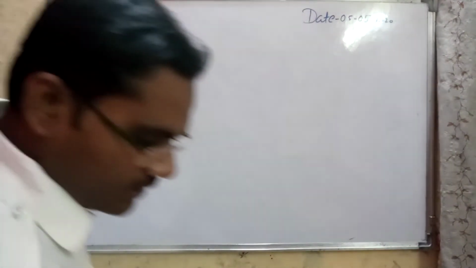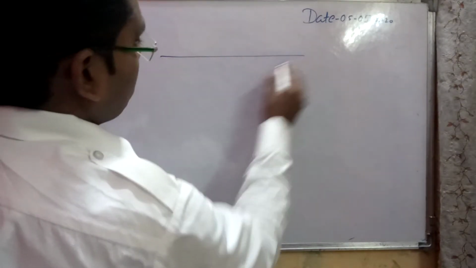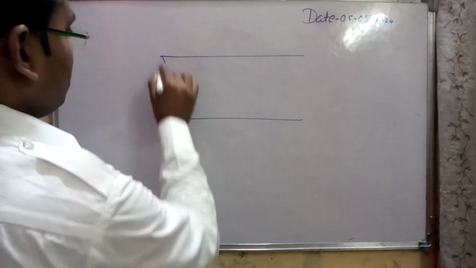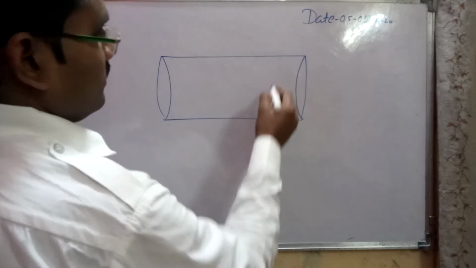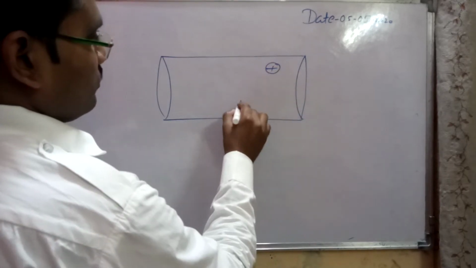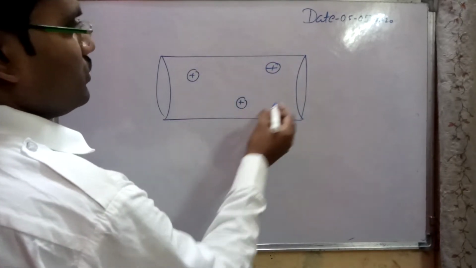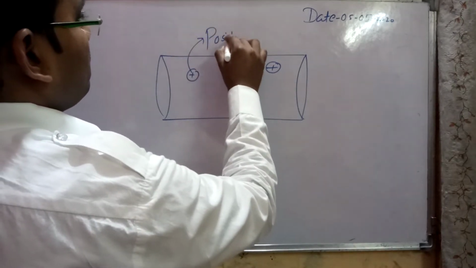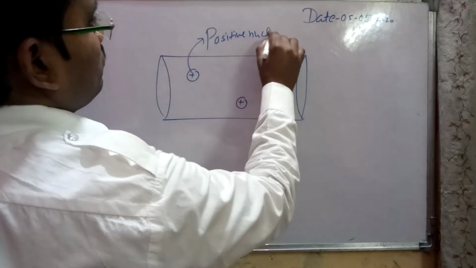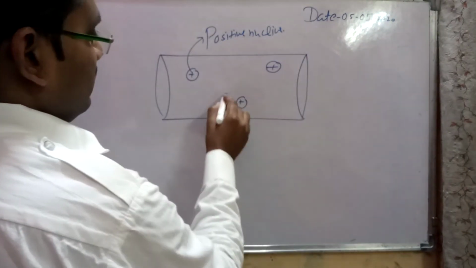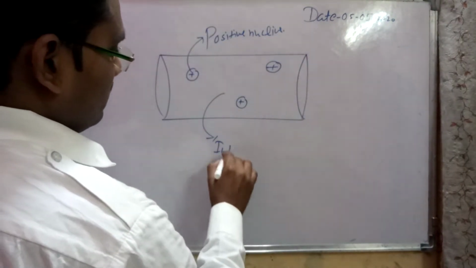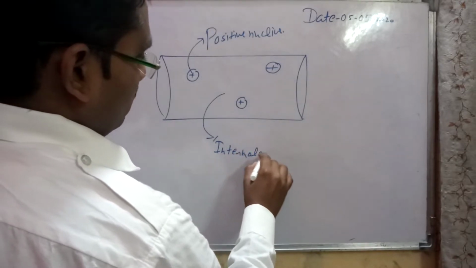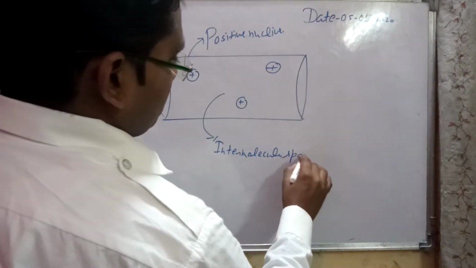Now here we take a conductor. This one is the conductor, and these are the positive nuclei, and these are the intermolecular space.